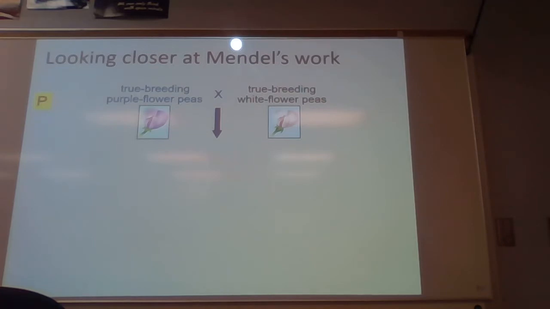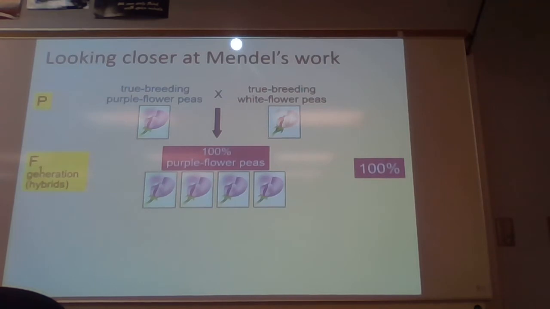And of course, what did he get in the F1? All purple, 100% purple. What does F stand for again? Filial, offspring, the first generation of offspring. Then what did Mendel do?